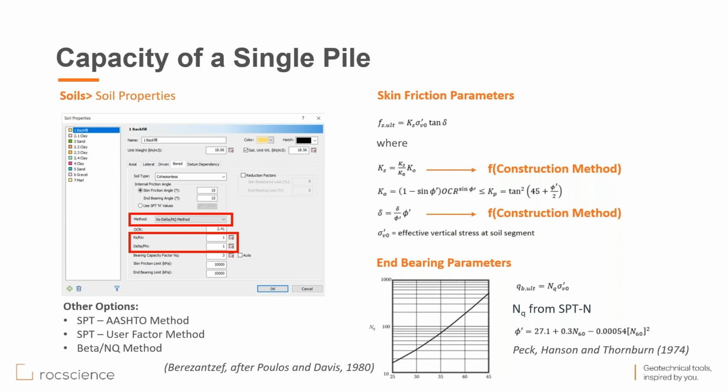The soil friction parameters are listed here as a quick reminder, with quick parameterization of Ks over Ko or delta over phi, which are a function of the construction method of the pile, provided to modify the parameters in case you need. This concludes the part for determining the skin friction parameters for cohesionless soils. For the end bearing parameters, these are taken directly from Peck, Hansen, and Thornburn.